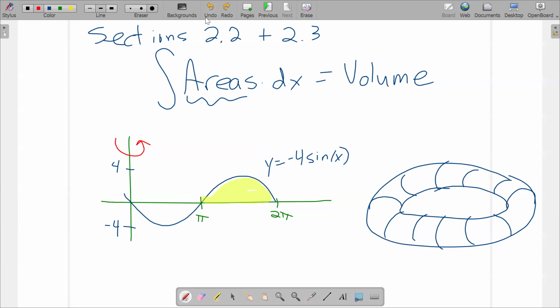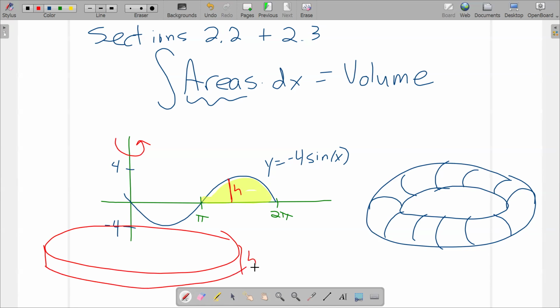And instead, imagine taking a slice that way and revolving a bunch of those slices. As I revolve them, they're going to generate cylinders, and when I put all those cylinders together, it's still going to make the same shape I have there. So if I take that and revolve that around, what it's going to make is a big cylinder, whatever that height is right there.